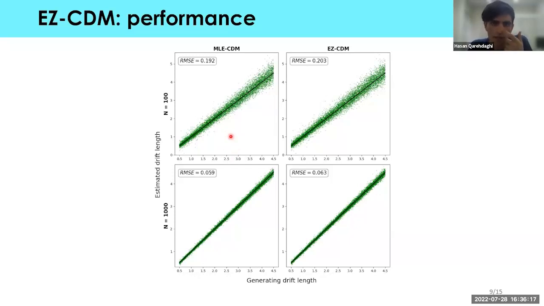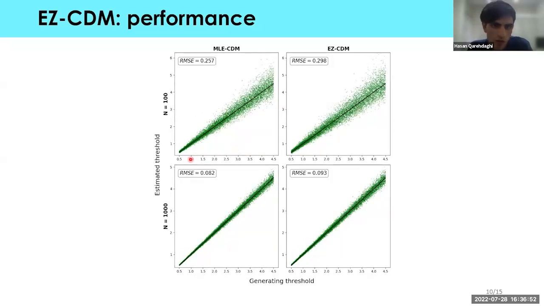And then for each data set, I recovered the parameters using maximum likelihood or EZ-CDM, and each point here represents the estimated value against the data generating value of drift length. And we can see that EZ-CDM performs comparably to the maximum likelihood method, both in terms of bias and variability in the estimation.